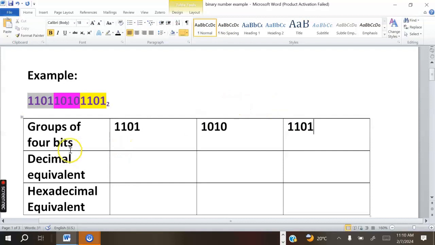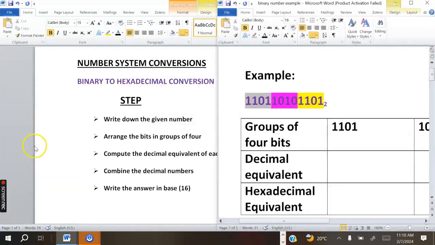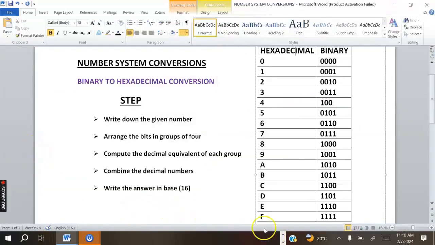So step number 1, as usual, is to write down the number in a group of 4, which we have already done. Okay, the next step is to get its decimal equivalent. If you look at the table that you had, let me see whether it's possible to get the other number. Okay, let's try to get this one.